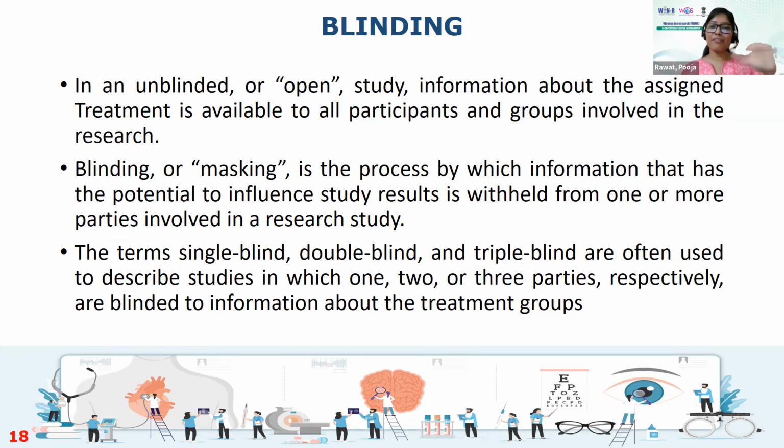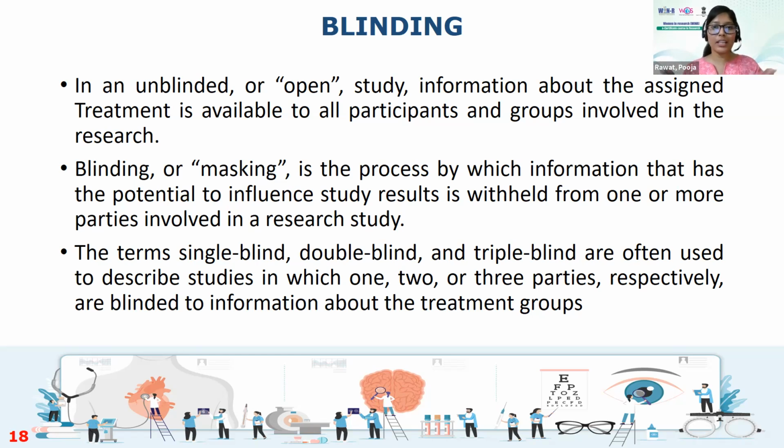In an open trial, everybody knows which drug or which treatment is being given, and which arm I am in. As I said, in the medical device example, there is a femur bone fracture. Half of the patients you are putting a plate and half of the patients you are putting rods, right? So both patients know that I have received a plate and he has received a rod.